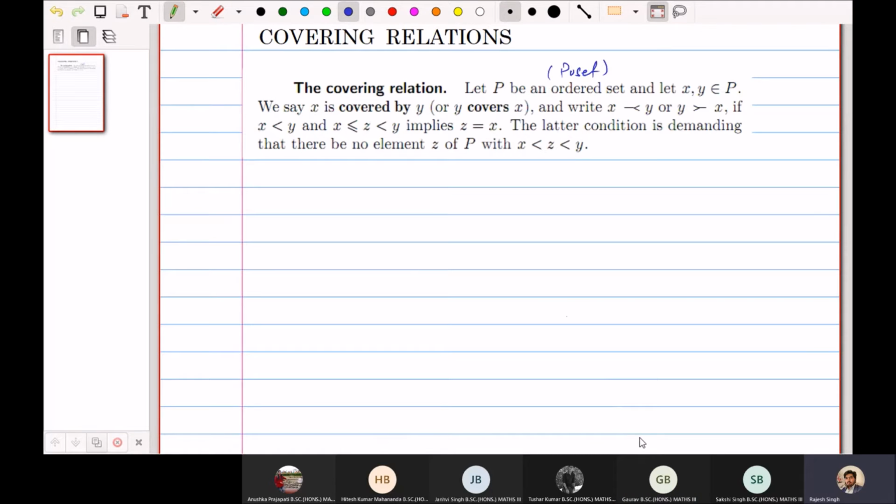Good. So now we have a result based on this definition. Simple, obvious result.